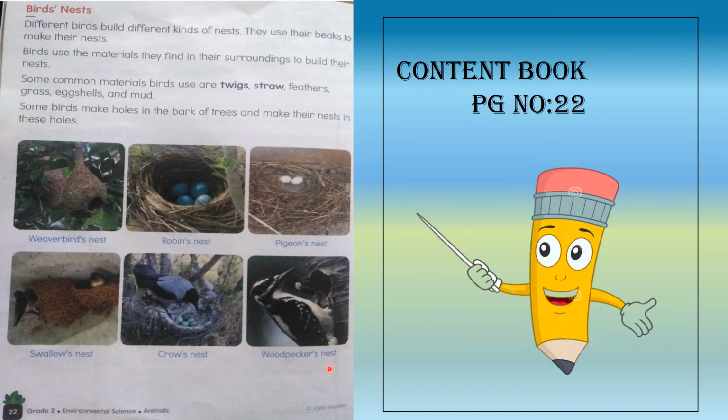Some birds make holes in the bark of trees and make their nests in these holes. Here you can see this woodpecker made a hole in the bark of this tree. It looks different as it is made of wood.